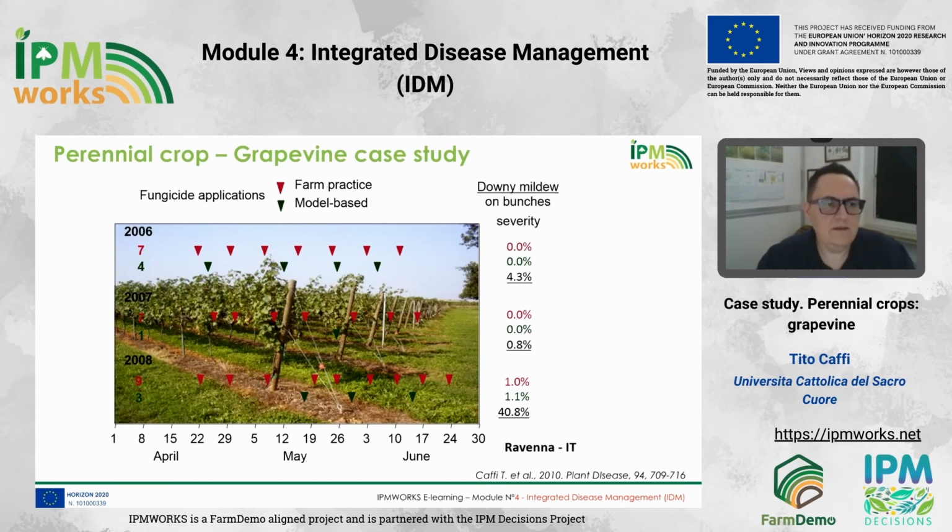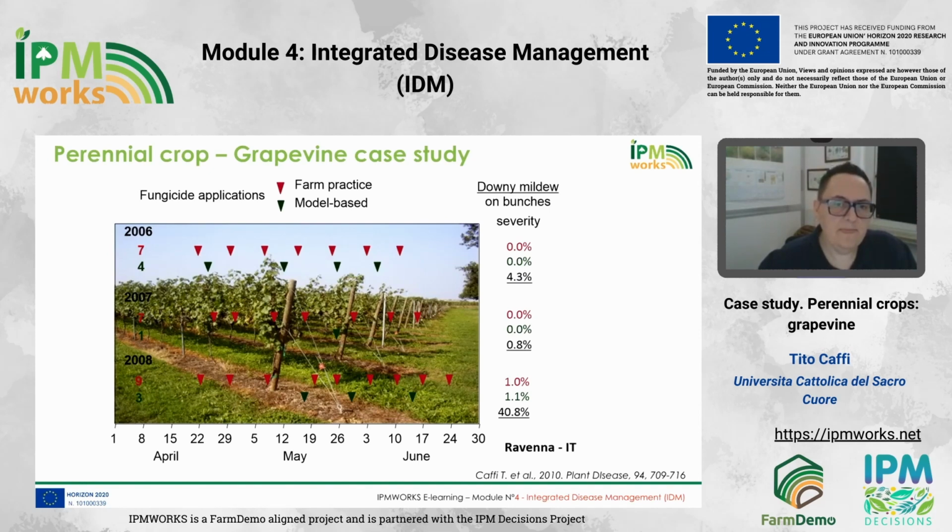Here you can see the number of fungicide applications applied by the farmer, and here in dark green, the model-based alarms, so the fungicide applications that were applied because the model was giving an alert. This is just one of the many experiments we set up.